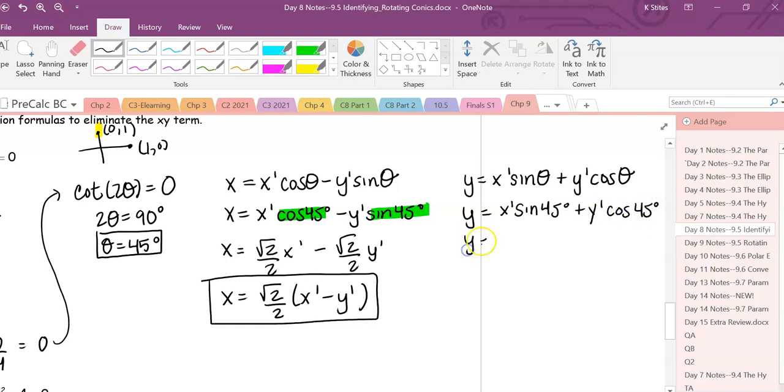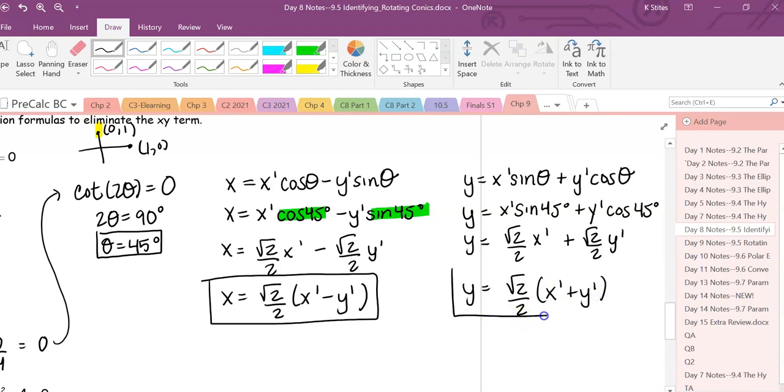Sine of 45 is just root 2 over 2, and cosine of 45 is also root 2 over 2. And once more, you will find it helpful tomorrow to factor out that root 2 over 2, and you're just going to have x prime plus y prime. All right, and there are your rotation formulas.